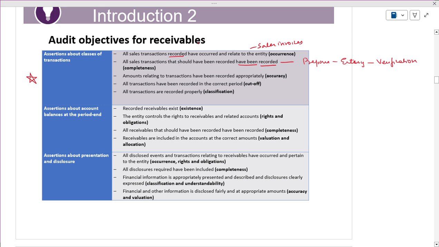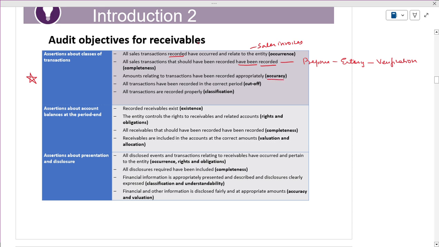Preparation is occurrence. Entry and verification is completeness. I am entering, but somebody will verify, somebody will approve, somebody will authorize, somebody will say that yes, it has been done.